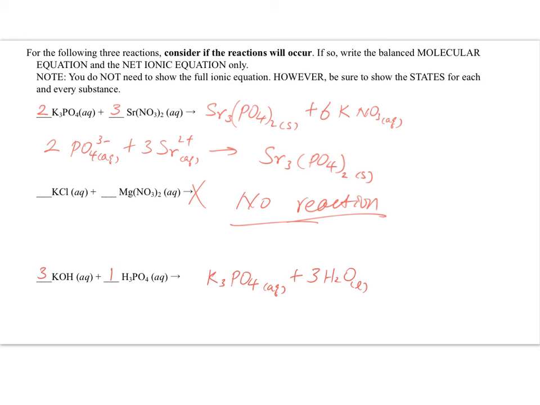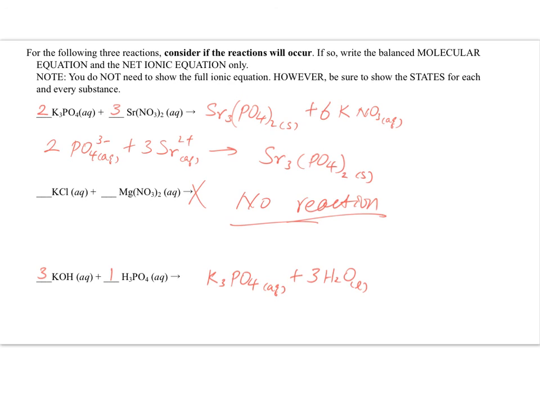For the net ionic equation, we need to be careful. We know potassium hydroxide is a strong electrolyte. It dissociates completely. But phosphoric acid is a weak acid. That means the dissociation of this acid is incomplete, meaning most of the acid forms molecules in water solutions.